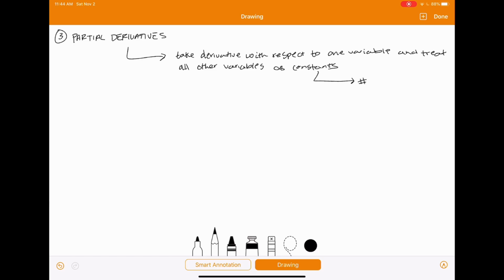For example, if we had f of x, y, z equals x squared y squared z plus 4xyz squared plus 5x to the 4th minus 3yz, and we wanted to take the partial derivative with respect to x, the only things that are variables are the x's in each of these.